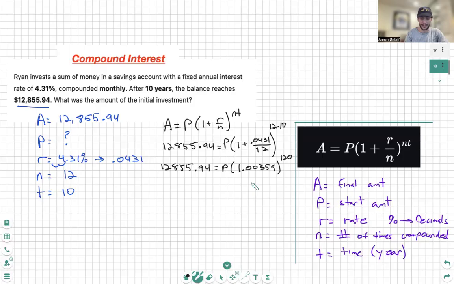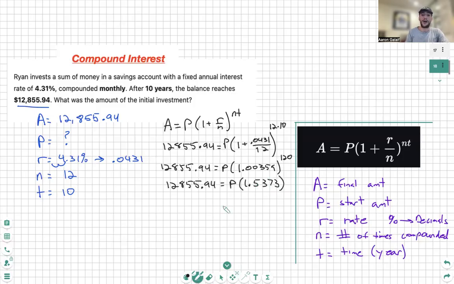So 1.00359 to the power of 120, we get 12,855.94 is equal to P times 1.5373. So let's make sure we write that cleanly.